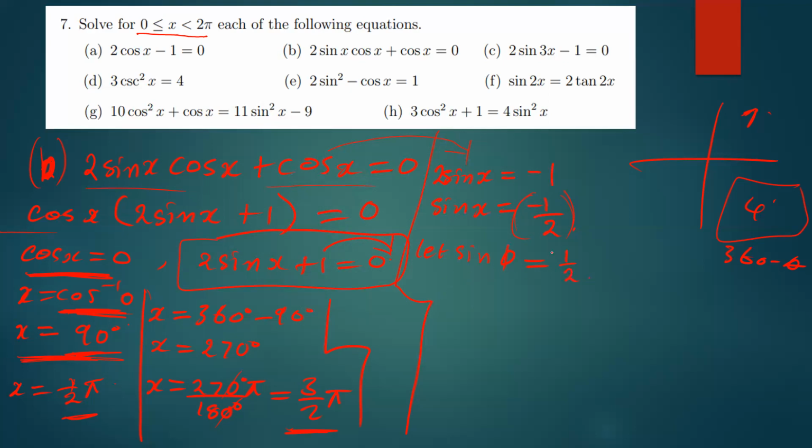We find sine inverse of half. So the reference angle in this case will be phi is equal to sine inverse of 1 over 2. This will give us 30 degrees. I confused the two. Okay, so this will give us 30 degrees.